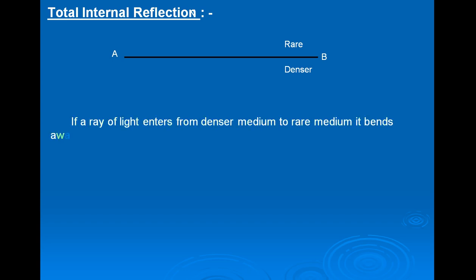Now the next topic is total internal reflection. So this is the surface AB separating two media, rare medium and denser medium. Now if a ray of light enters from denser medium to rare medium, it bends away from the normal.